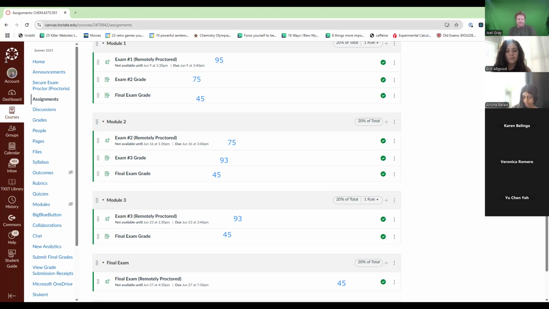Now, what that means is that when you take exam number 2, right here, that is going to have both module 2 and module 1 content. So the first 2 weeks of material is going to be on exam number 2, in addition to the module 2 stuff. So every successive exam has a little bit more content, but the idea is that you're reinforcing it.